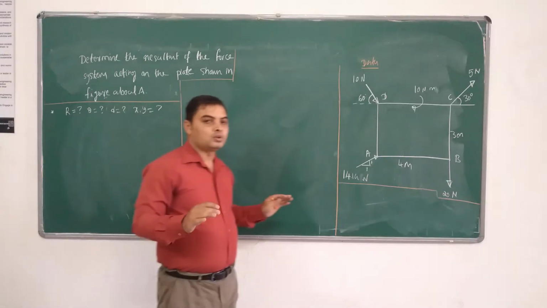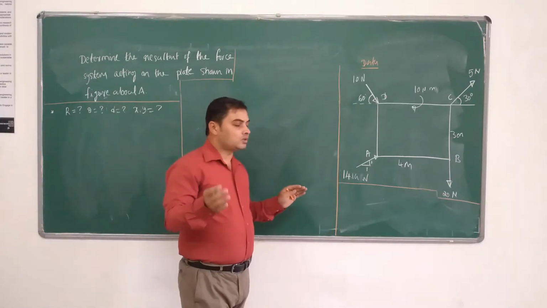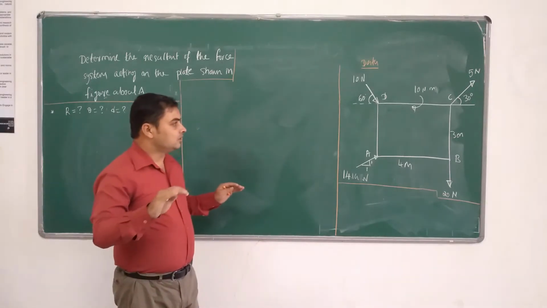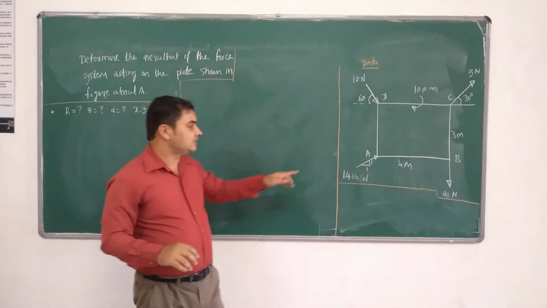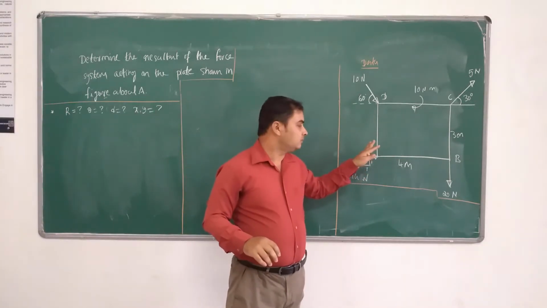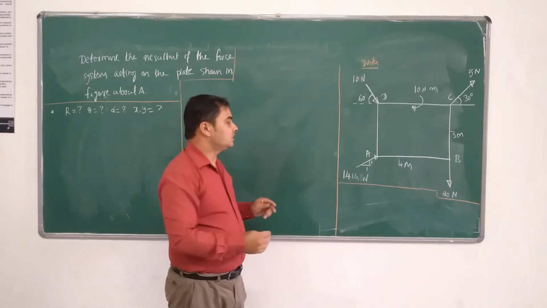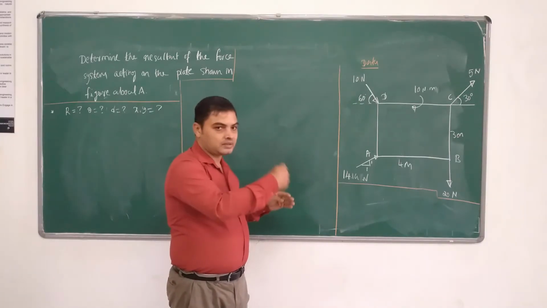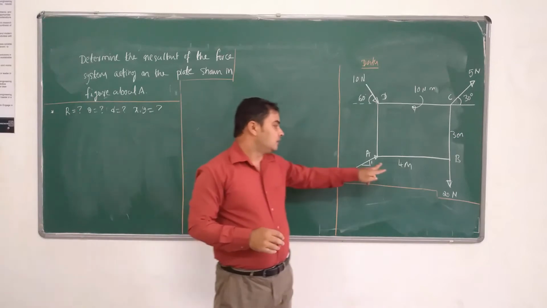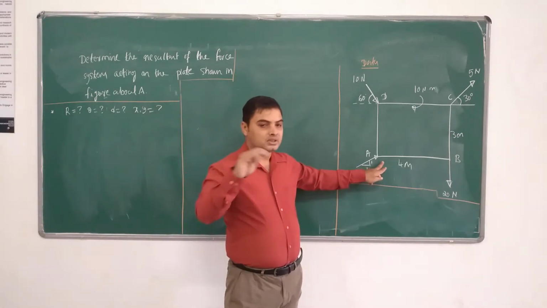You already know how to resolve the forces and how to calculate the resultant force for a concurrent force system. Whereas this is a non-concurrent force system, the location of the resultant force depends upon the point about which we calculate the moment.